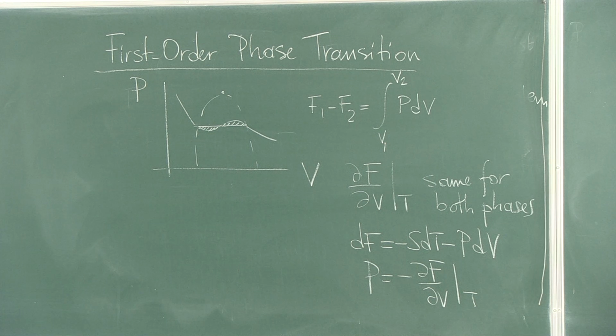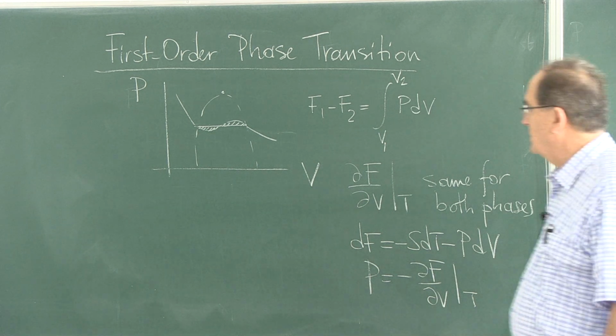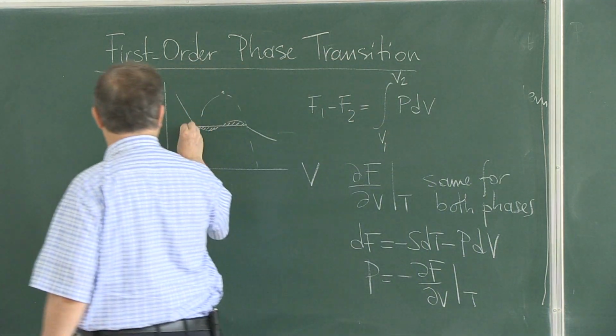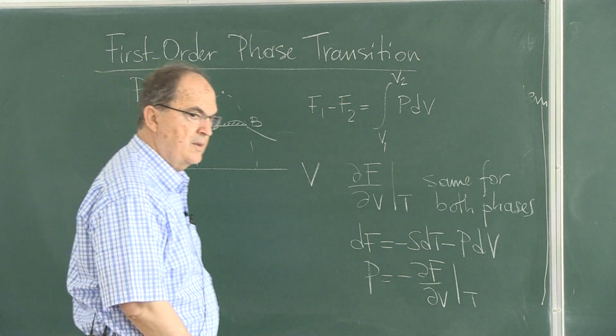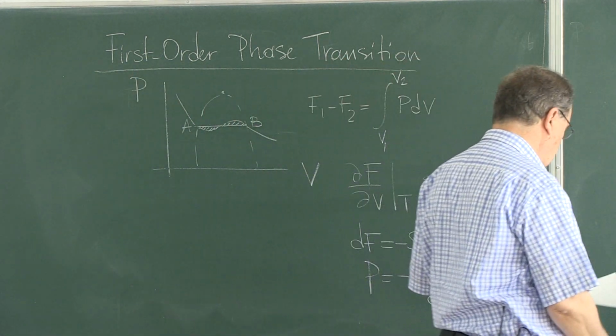The line joining A and B, A is the liquid phase, B is the gas phase.